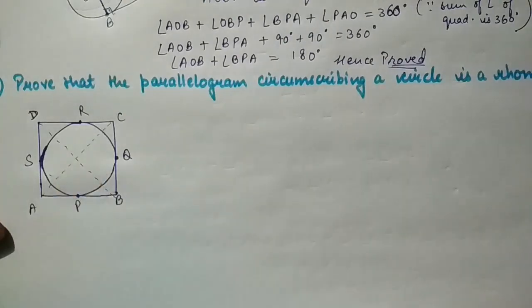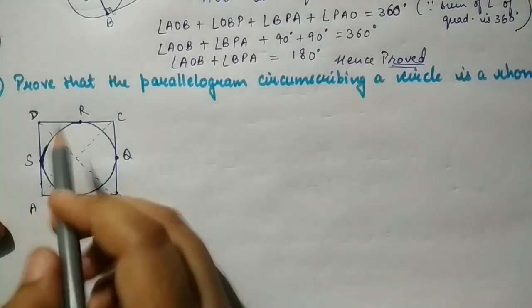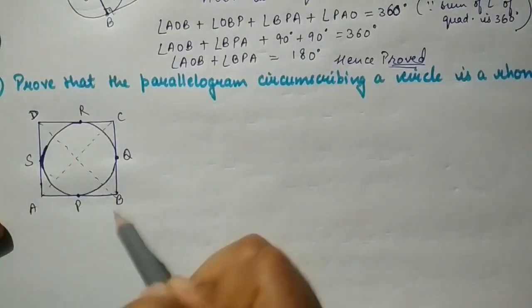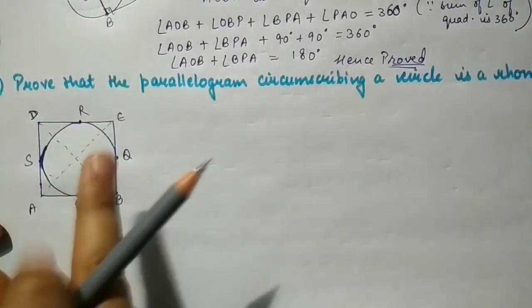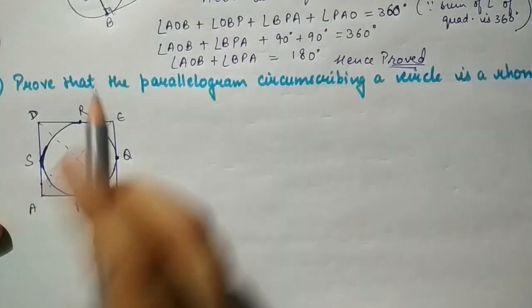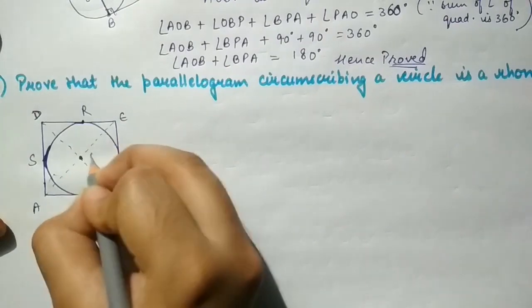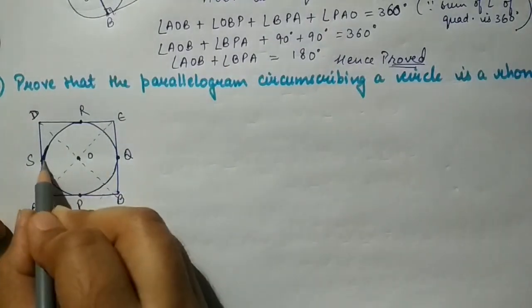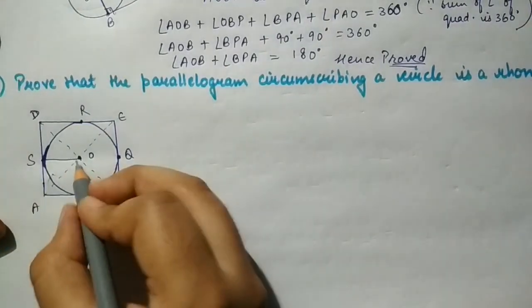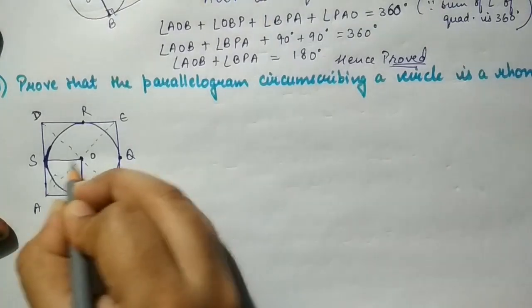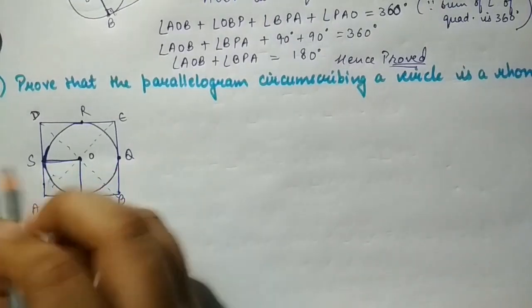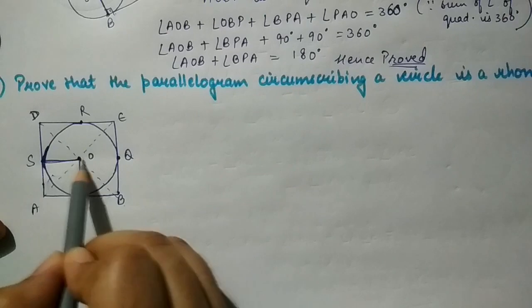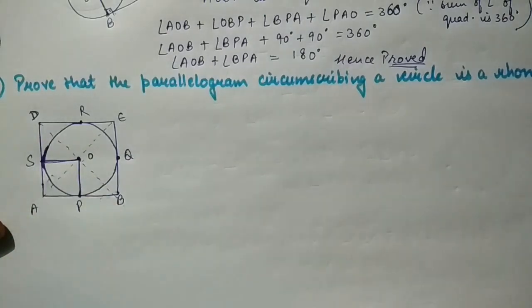How will you do that? First of all, you know that DA, AB, BC and CD all are tangents to this circle with center O. And you will join SO and OP. And you will prove this triangle and this triangle congruent.